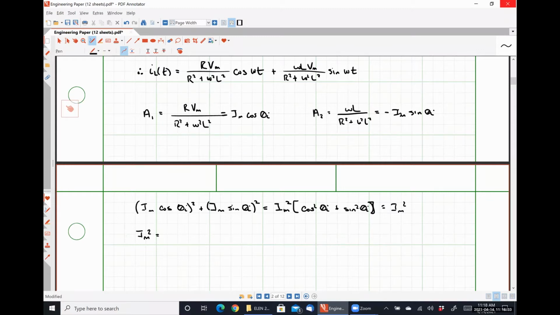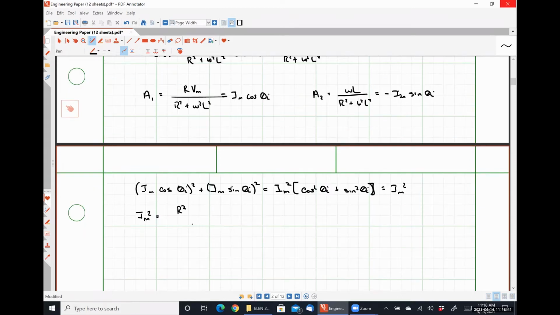is equal to R squared Vm squared divided by R squared plus omega squared L squared quantity squared plus omega squared L squared Vm squared divided by R squared plus omega squared L squared quantity squared.